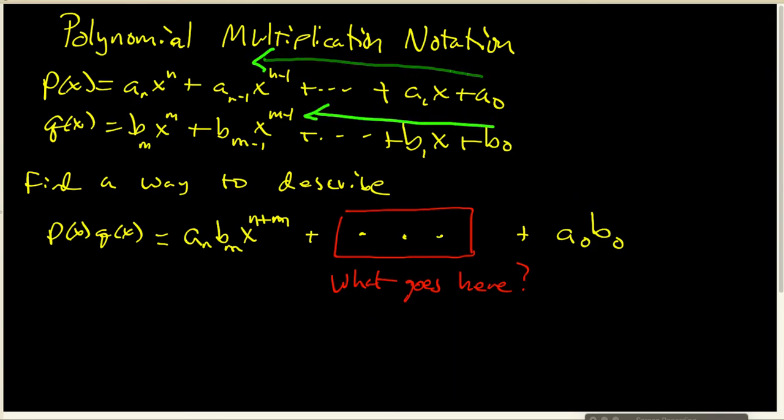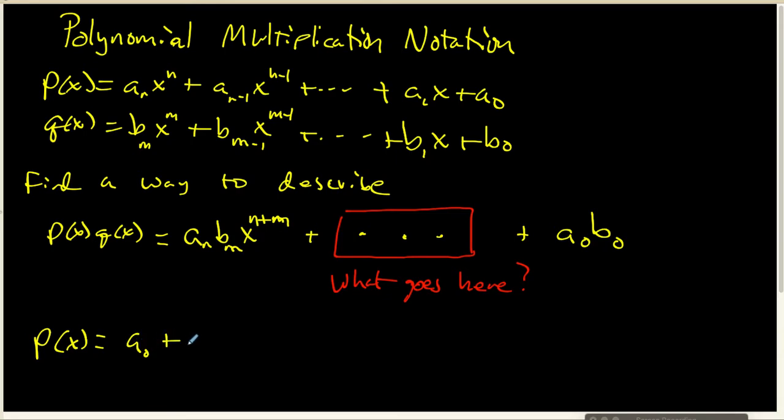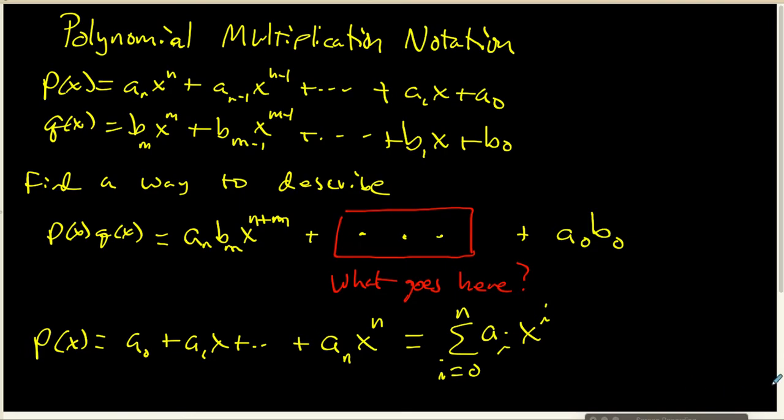So I want to think about p of x as being a0 plus a1 times x all the way up to a_n times x to the n, and I can write that in sigma notation as the sum as i goes from 0 to n of a sub i times x to the i.